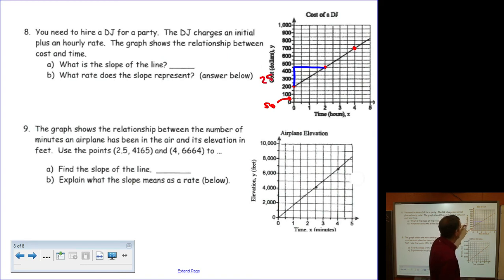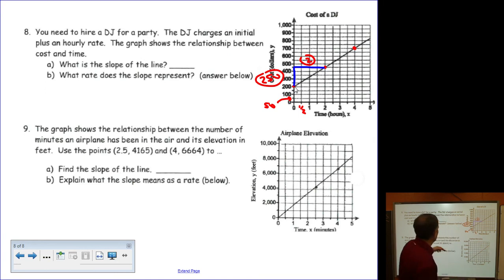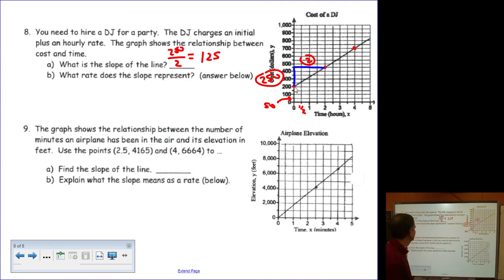The rise is 250. The run is going by halves, right? So a half, 1, 1.5, 2. The run is 2. So the rise over the run would be 250 over 2, or 125. The slope of that line is 125.